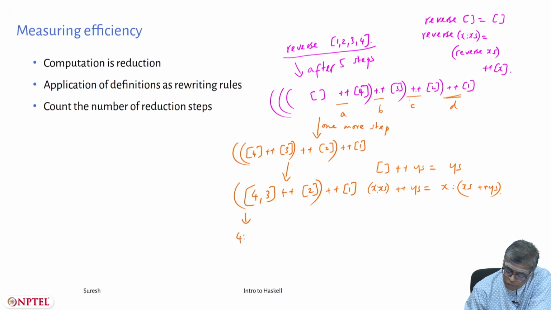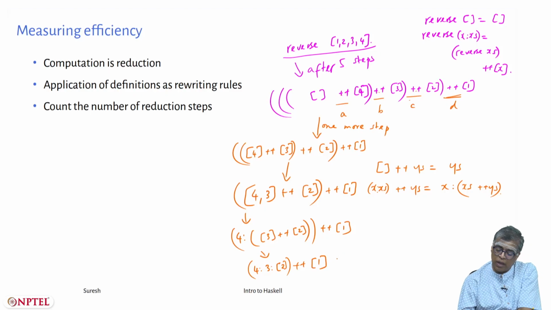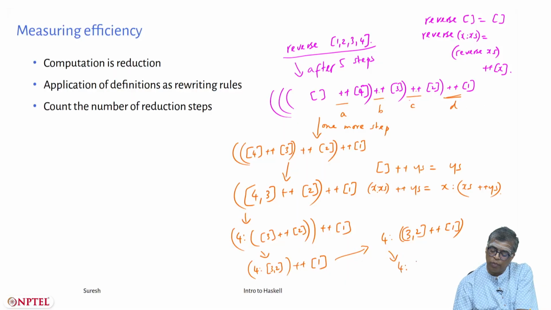So this is 4 followed by singleton 3 and this, then this becomes 4, 3, 2, 4 followed by 3 followed by list 2, and this itself will take some time, because now you have to again say 4 followed by 3, 2 plus plus 1, and this itself is 4 followed by 3 followed by 2 plus 1.